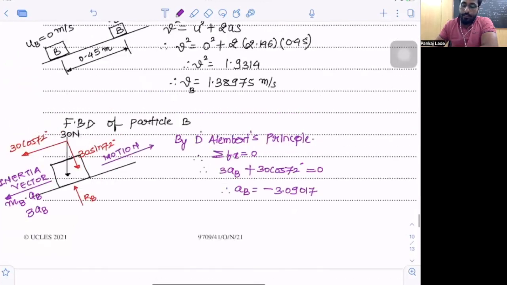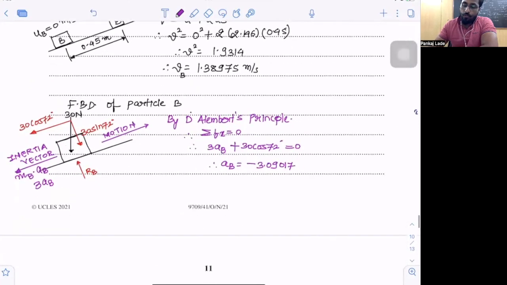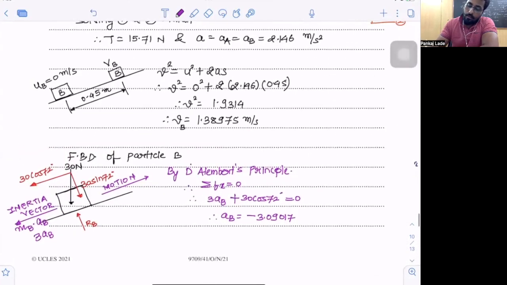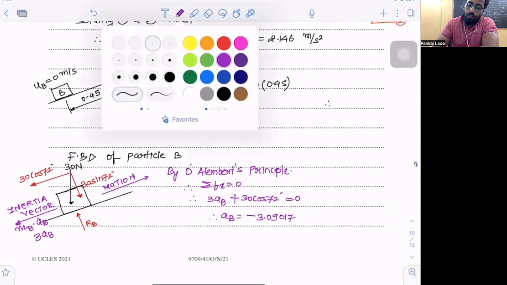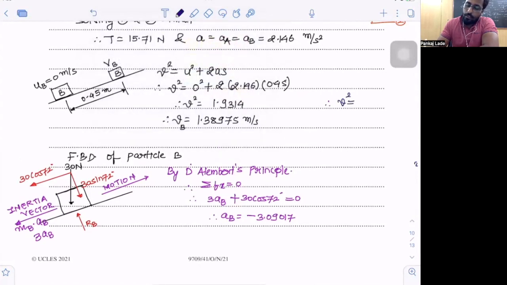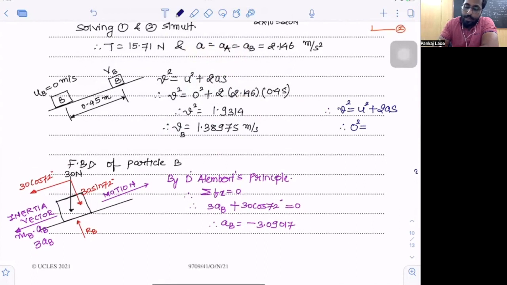Now you can easily make use of V square is equal to U square plus 2as. The final velocity V is 0. Initial velocity U square is 1.9314 V square.